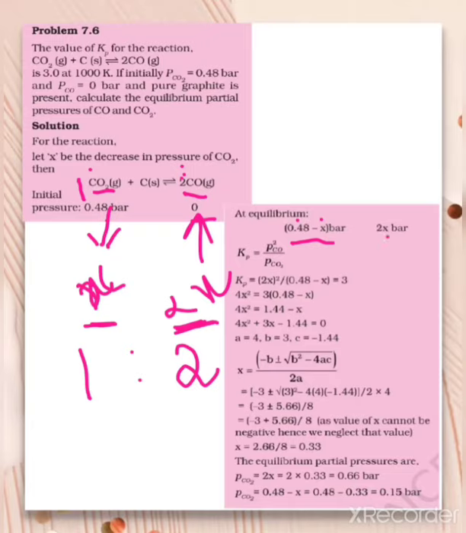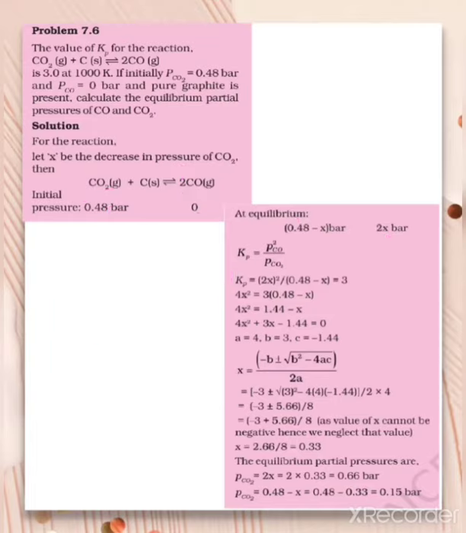So 2X will be the pressure for carbon monoxide at equilibrium condition. This is for the reactant, this one is for the product. So we write the relation for Kp.